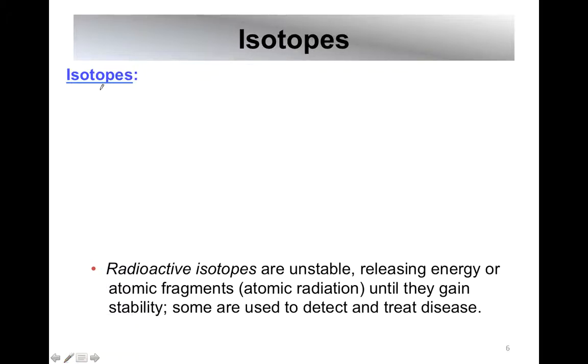Isotopes. Isotopes are atoms of an element that have the same number of protons but different numbers of neutrons.